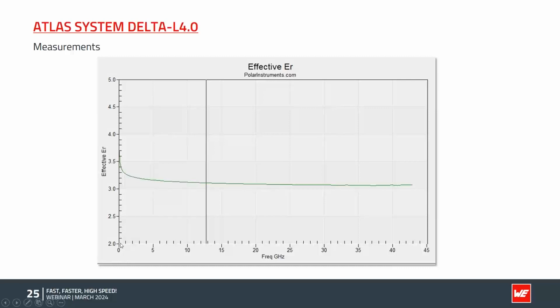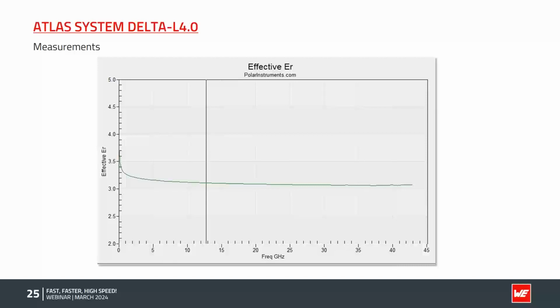And interesting is that in the low frequency area up to 1 gigahertz, it changes very drastically, and afterwards it's more stable over a wide range of frequencies. That's very interesting and very important to really measure, not only use the datasheet value where you only get some numbers, but really get an idea, an impression of a real physical example.